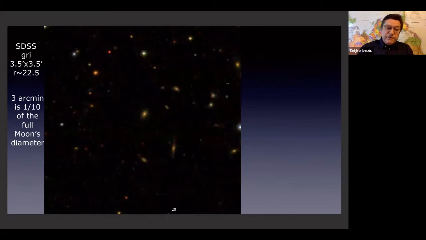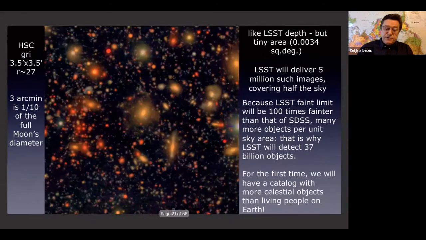And so if you now go even further in sensitivity, then this is what you would get from LSST. This is not a simulation, this is a real image. It was obtained by the Japanese Subaru telescope, an 8-meter telescope, that can achieve the same sensitivity as LSST, but it cannot do it across the whole sky because it doesn't have as large a field of view as LSST.